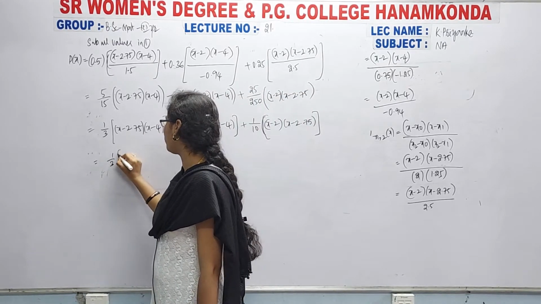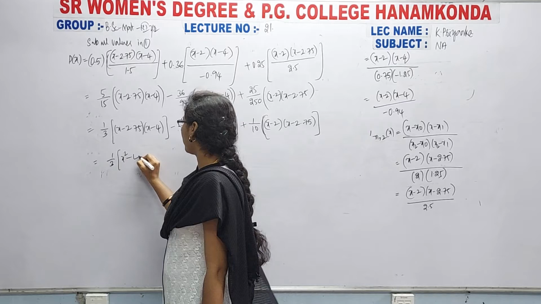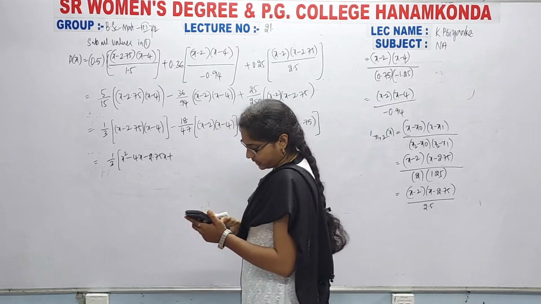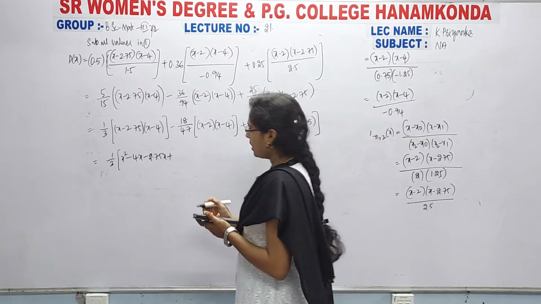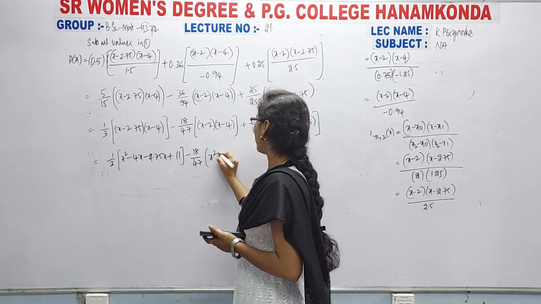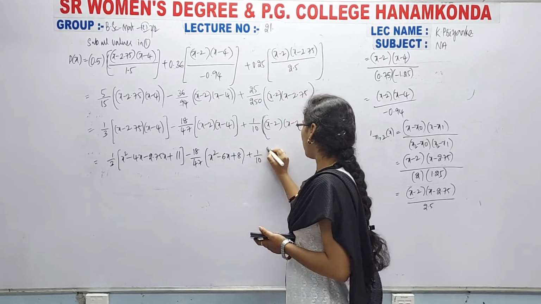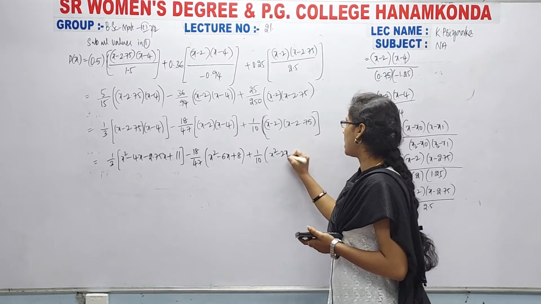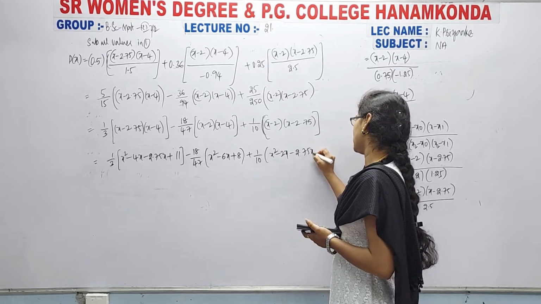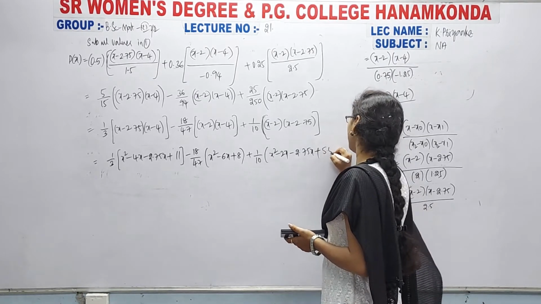So now 1 by 3 of x into x, x square, minus 4x minus 2.75x, minus into minus plus 4 into 2.75, 11, minus 18 by 47 of x square minus 4x minus 2x, so minus 6x plus 8, plus 1 by 10 of x square minus 2x and x square minus 2.75x plus 2.75 into 2, 5.5.